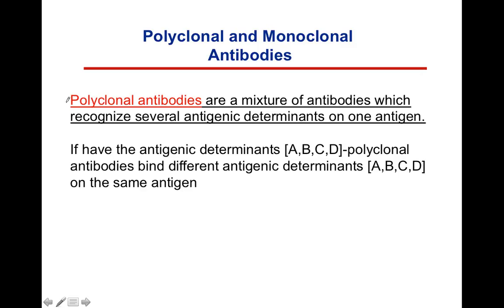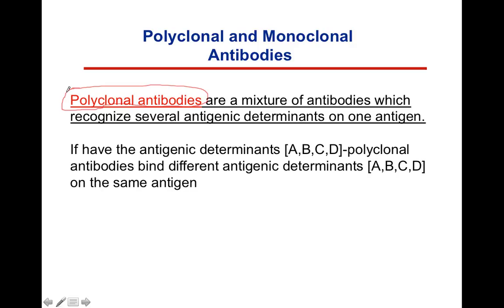Now, one of the concepts are what are referred to as polyclonal antibodies. And polyclonal antibodies are a mixture of antibodies which recognize several antigen determinants on one protein. I kind of discussed this in class where there was a question about the antigenic determinants.